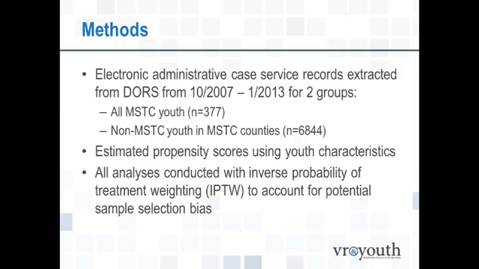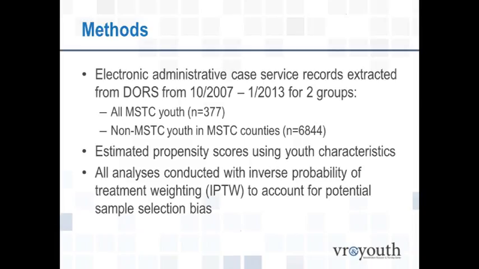So we were able to compare 377 Mystic youth with non-Mystic youth in the same counties, to get an indication of how the implementation of this model might have affected their services and their outcomes. I won't get into the statistical analysis part of this, but we used a process which we call propensity scoring, which made it possible to match, as close as possible, the non-Mystic participants with the Mystic participants in terms of characteristics, age, and so forth.